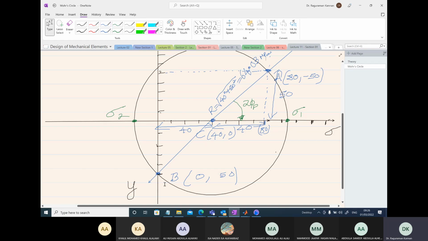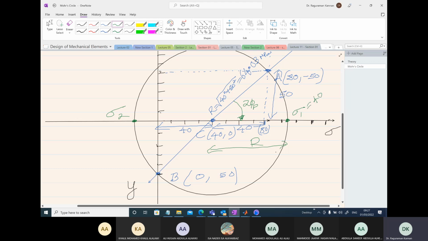So once we have the radius, sigma 1 is easy to obtain. Sigma 1 is nothing but the distance 40 plus the radius value from here to here. So if I am to find this distance r, that will give me sigma 1.